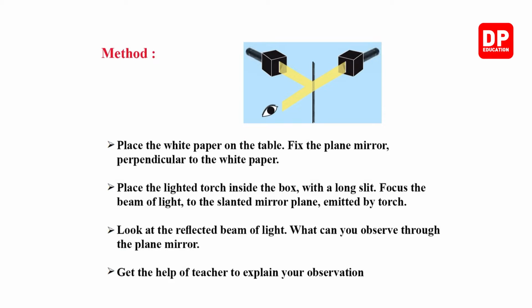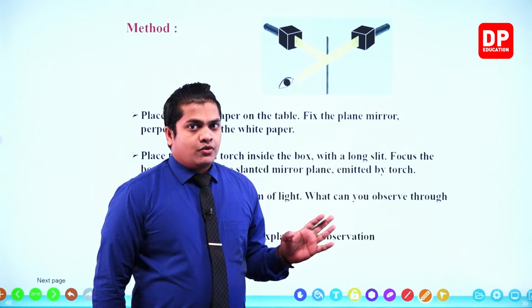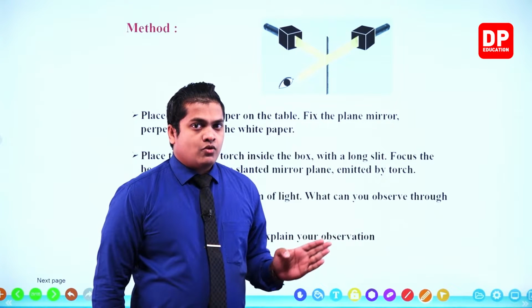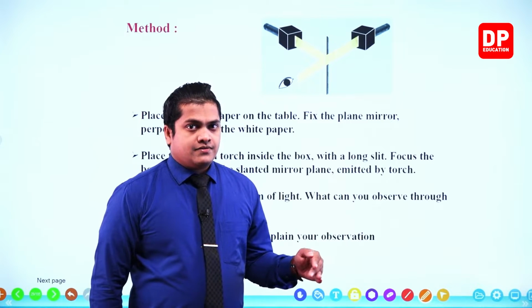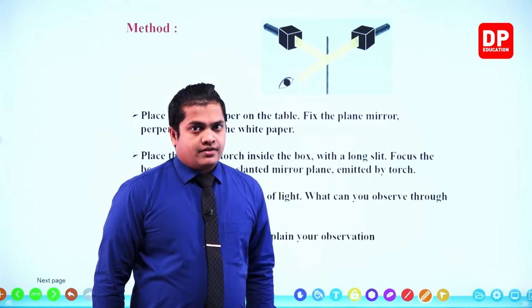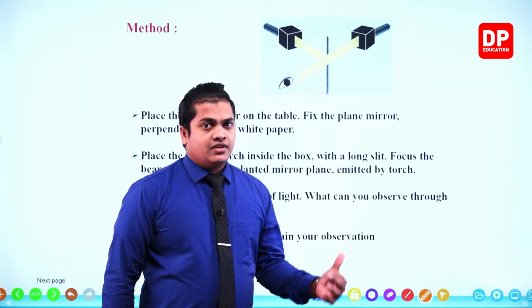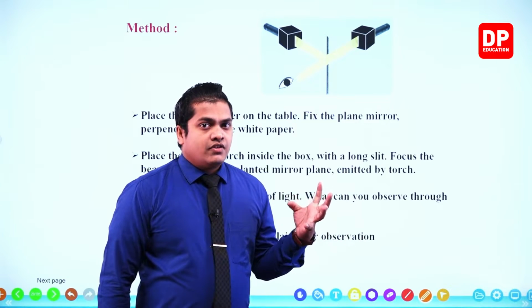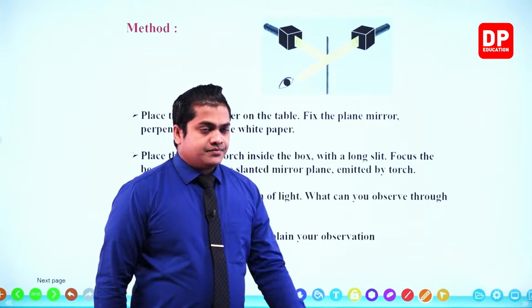The method: place the white paper on the table. Fix the plane mirror perpendicular to the white paper. I think you have got the experience now of how to use the mirror and how to place the white surface with the plane mirror, because we followed these processes in the previous activities too.